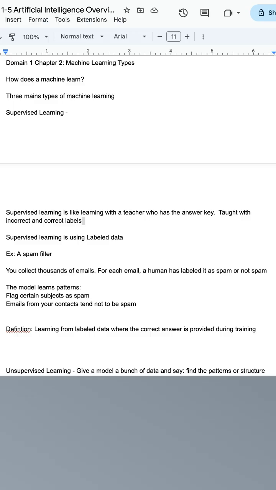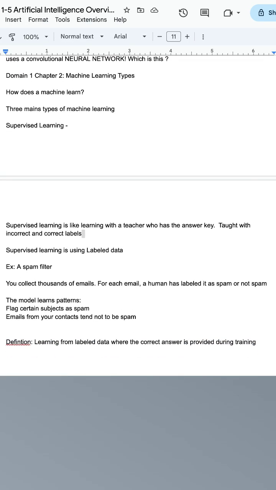Let's break down each one, and they'll give you the decision that makes exam questions easier. We're going to start with supervised learning. Supervised learning is learning with a teacher who has the answer key.